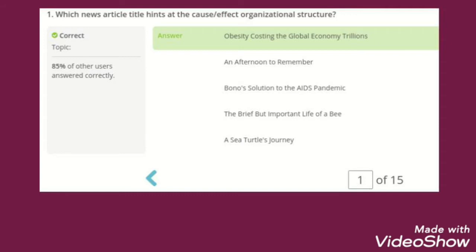I didn't go with Bono's solution to the AIDS pandemic because that could either be the cause of something or the effect of something. Bono's solution to the AIDS pandemic was because of his wife being diagnosed with the AIDS virus, that type of stuff. You know what I'm saying? That's a cause, effect, structure, organization.